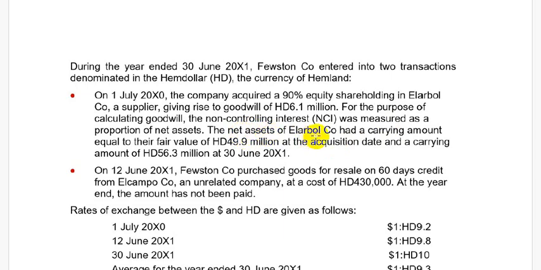The net assets of ECO had a carrying amount equal to their fair value of 49.9 million at the acquisition, and a carrying amount of 56.3 million at 30 June 20X1.